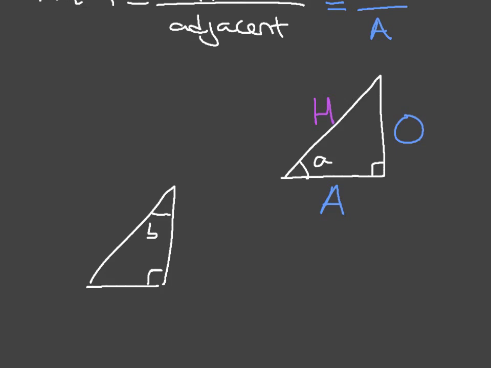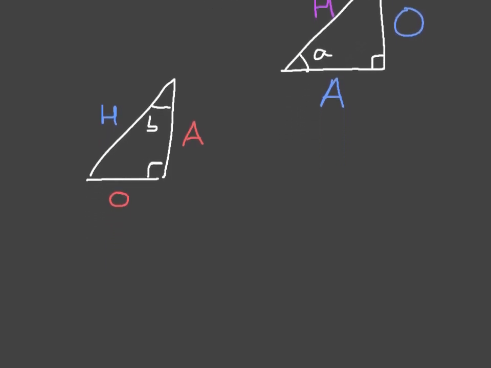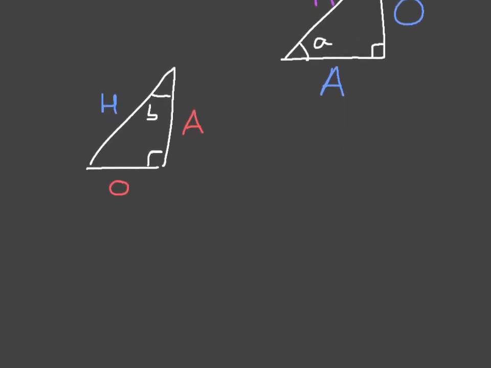Relative to this angle B, the opposite is this side length, and the adjacent is this side length. And of course the hypotenuse is still the hypotenuse. It's always the side length opposite the right angle. So just keep that in mind. The opposite side length and the adjacent side length are relative to the angle that we're considering.